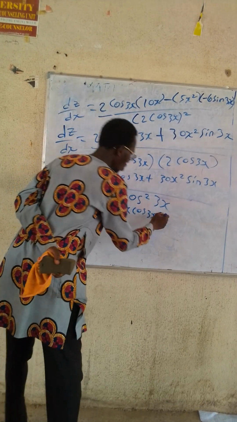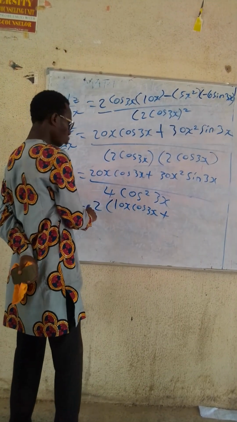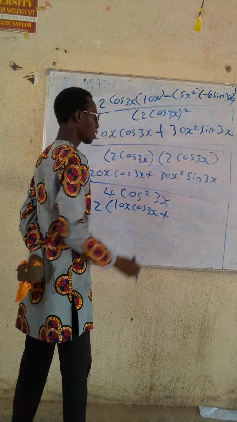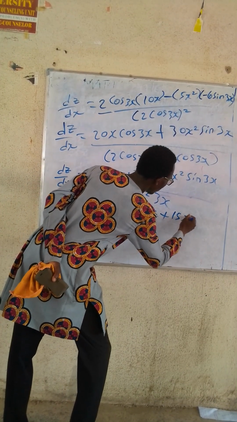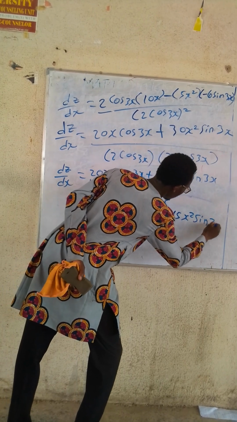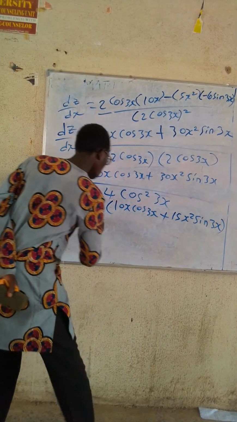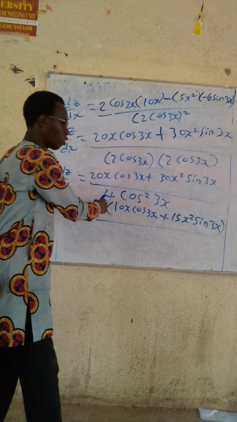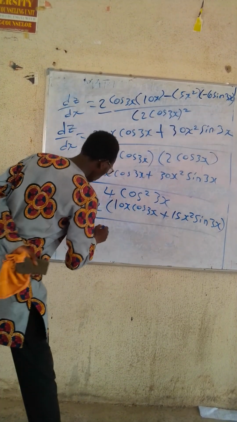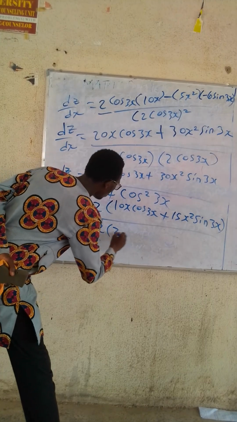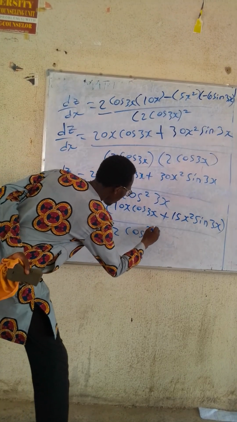Now, let's write the addition sign down. When we factor out 2 from 30x squared sin 3x, we are left with 15x squared sin 3x. When we factor out 2 from 4 cos squared 3x, we are left with 2 cos squared 3x.